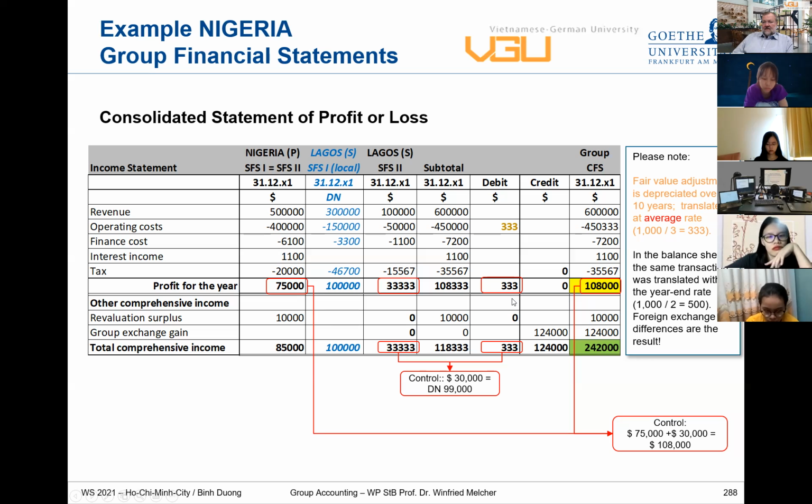So 30,000 is 33,000 minus 333 equals that $108,000 amount. Okay, so that's it.